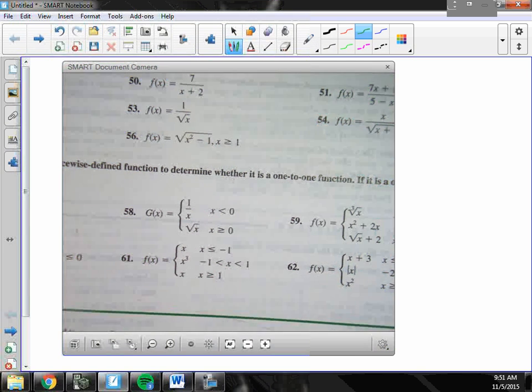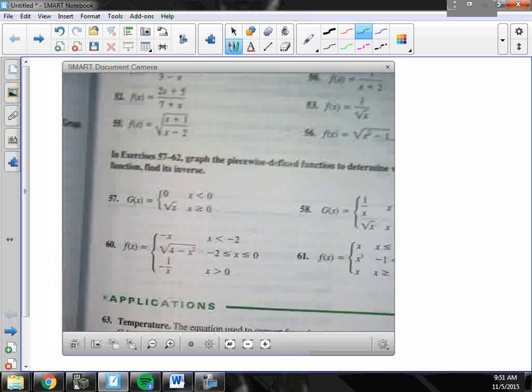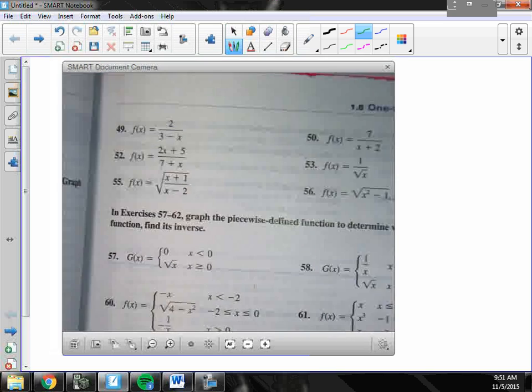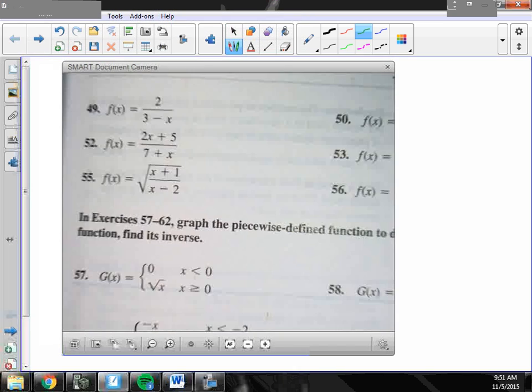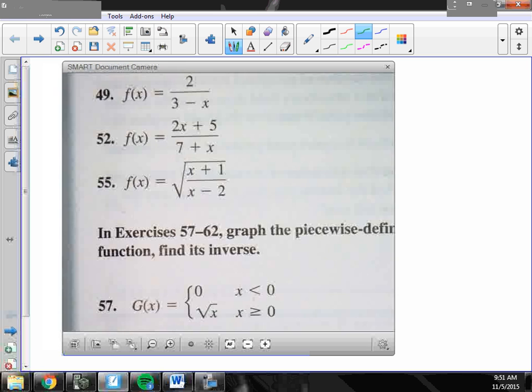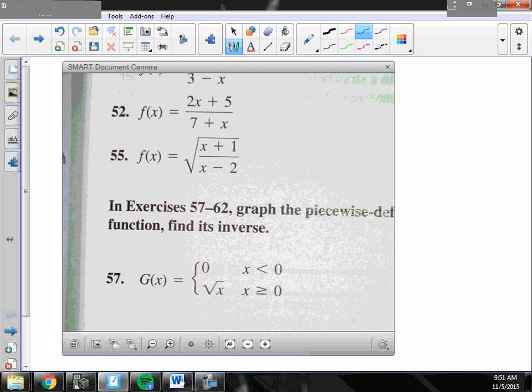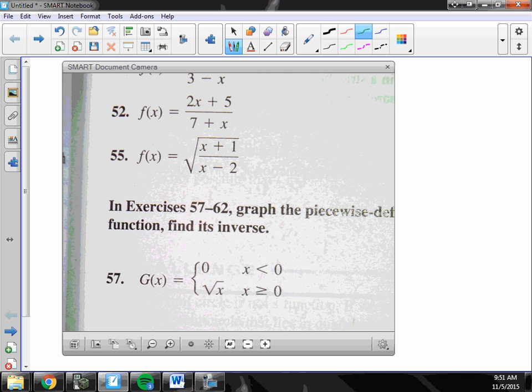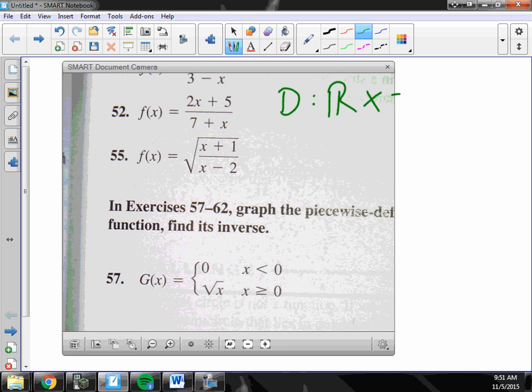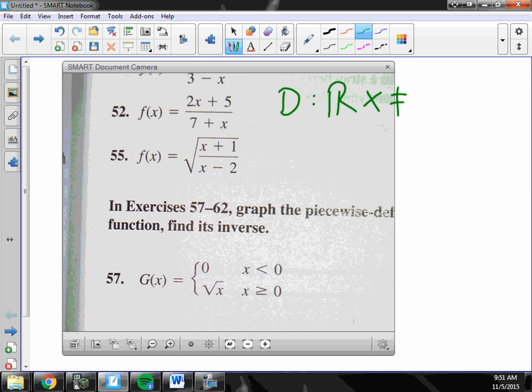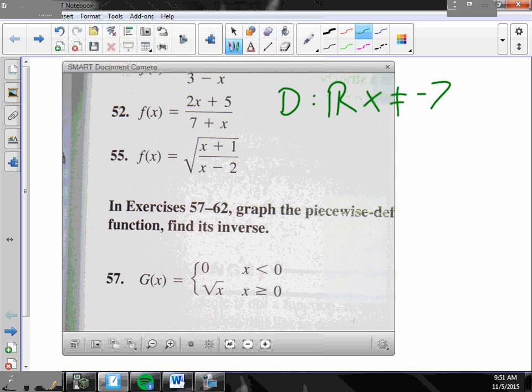So let's do 52. So the domain of this is going to be all real numbers, but x is not allowed to be -7. Now, is -7 a hole or an asymptote?